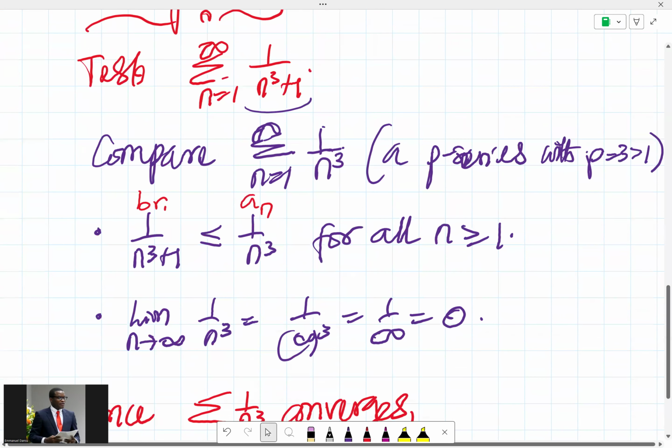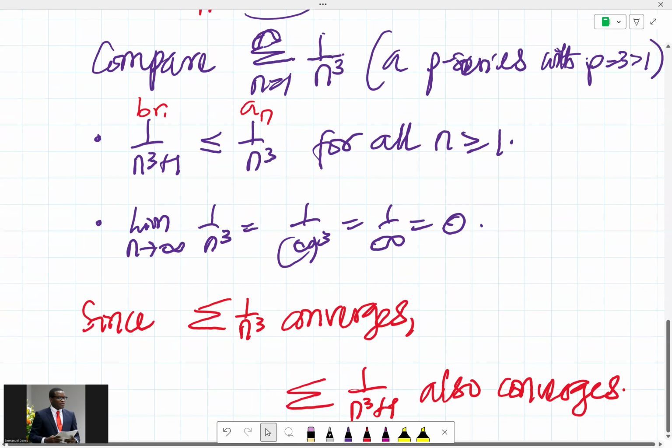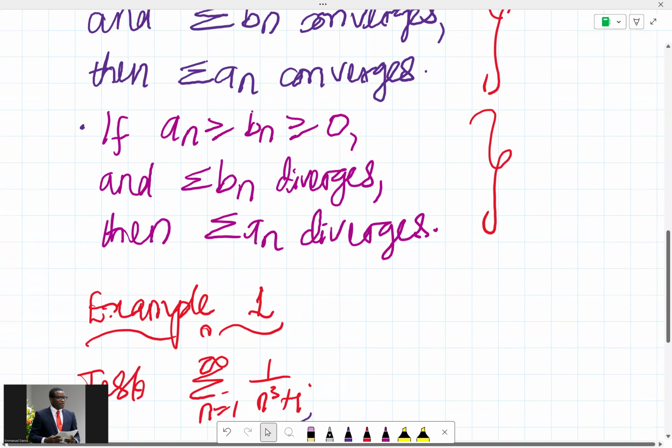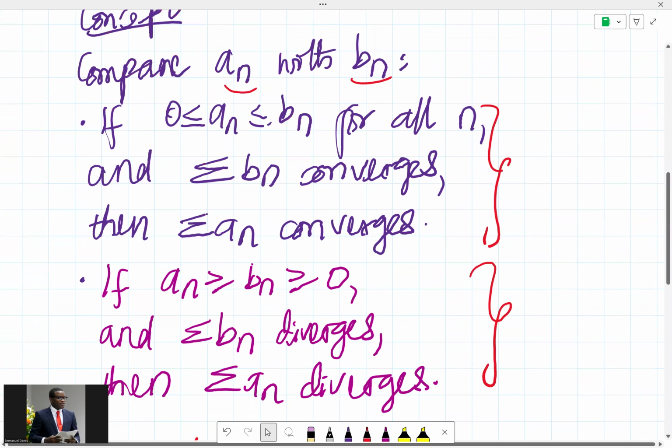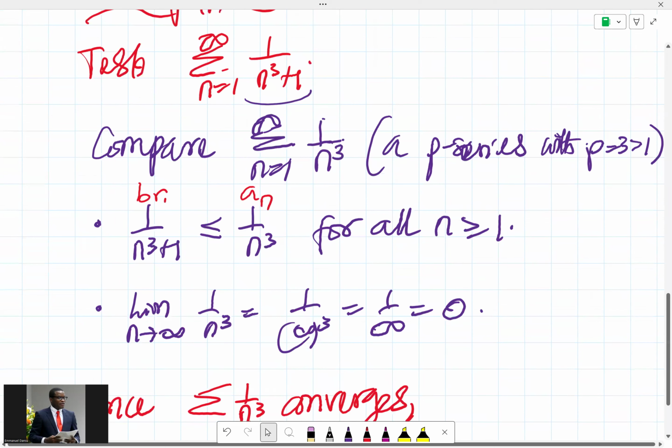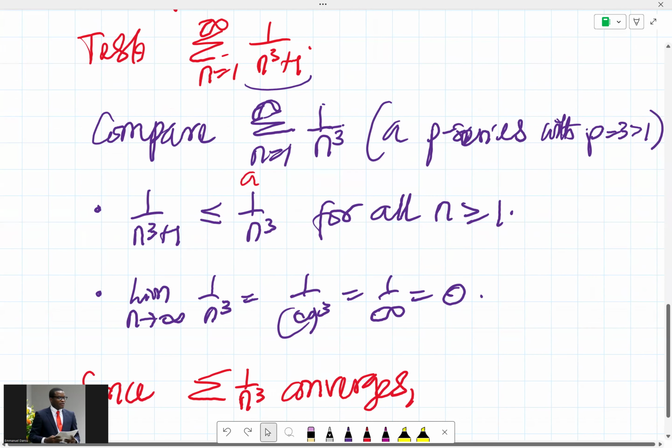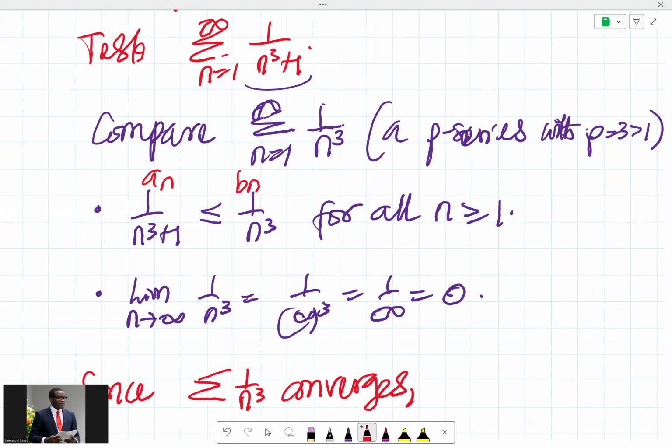Oh, okay, what's this now? So this is less. 0 is less than or equal to an is less than or equal to bn. Yeah, I think it's the less than part of things now. So this is bn, this is an. We can take it like this. And of course, 0 is less than this because if you put in 0, you are going to get 1.